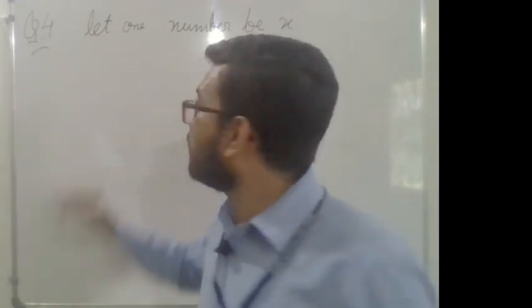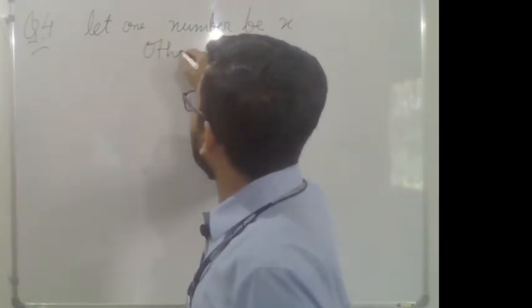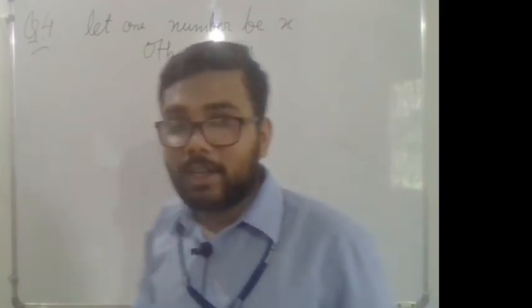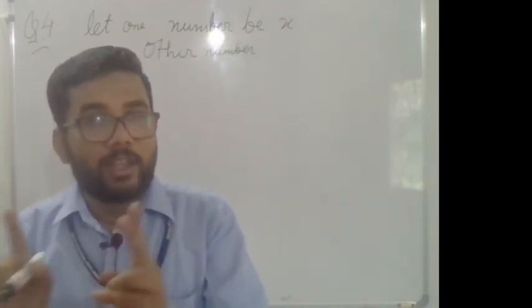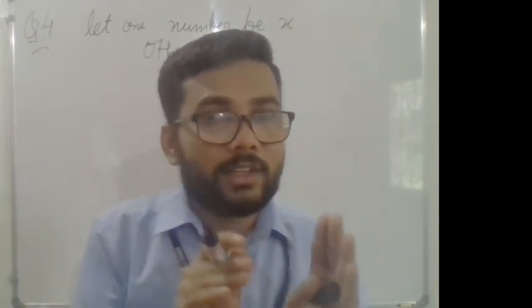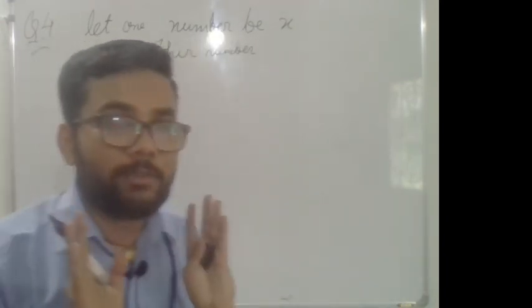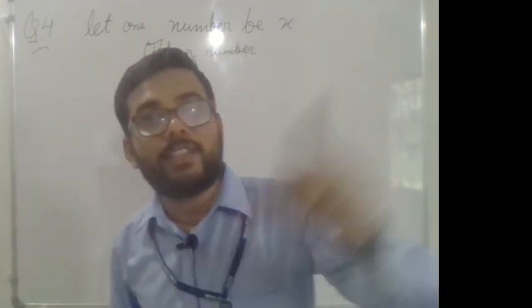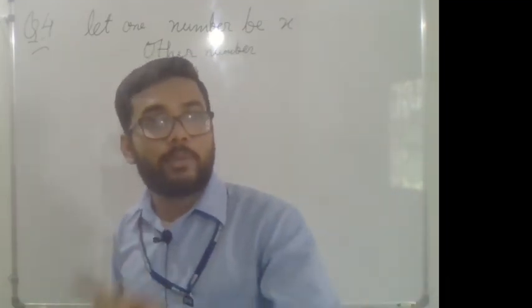So what will be the other number? It is given in the question that if you add the two numbers, you will get 95, and in the other part, one number exceeds the other number by 15.